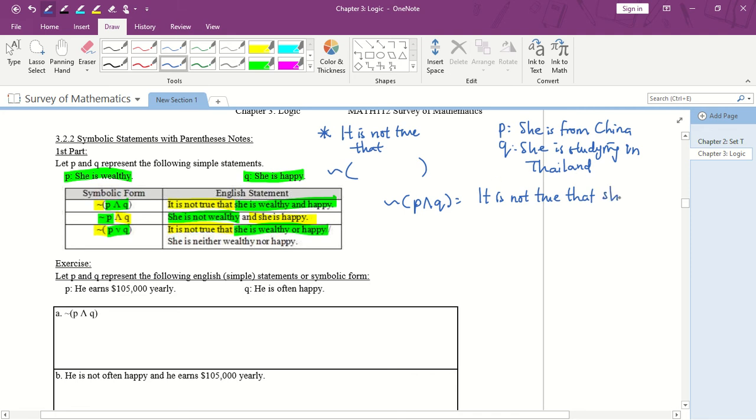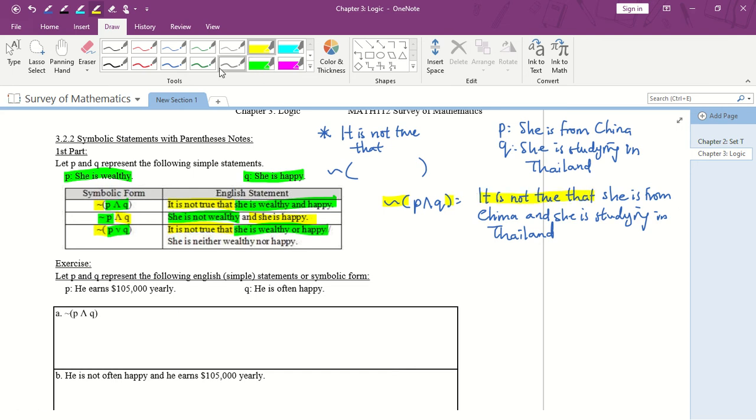She is from China and she is studying in Thailand. Okay, remember this negation with the parenthesis is the meaning of it is not true that.